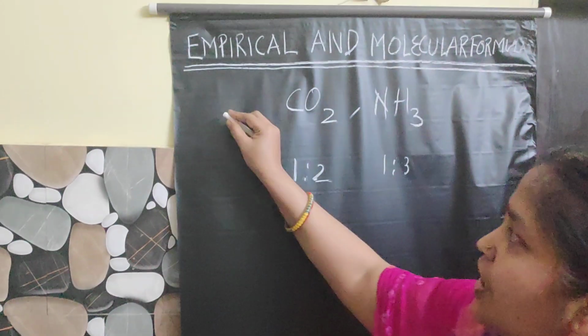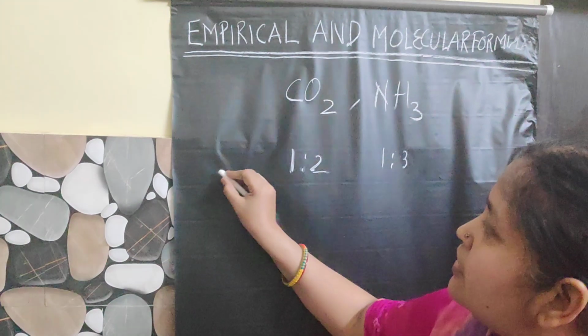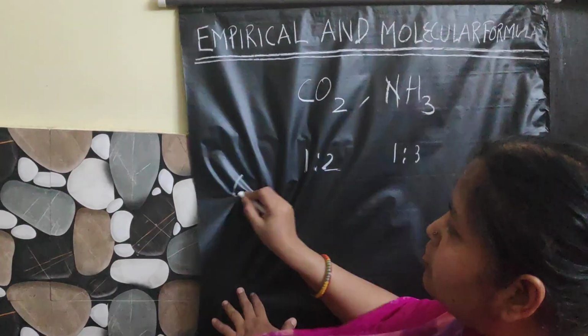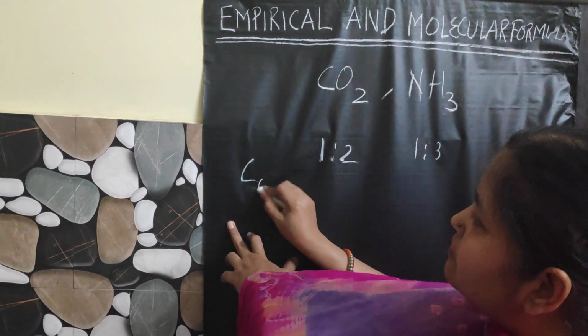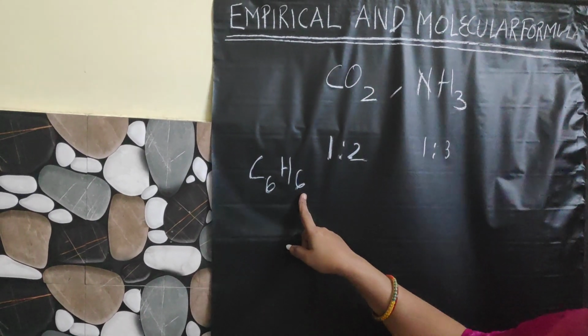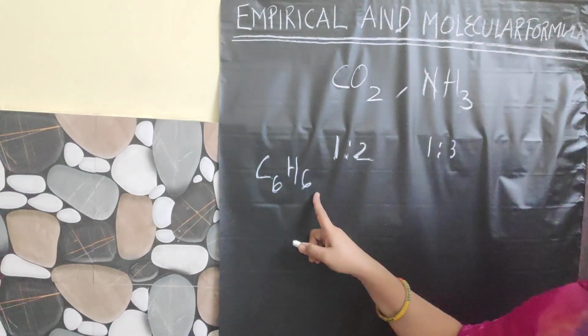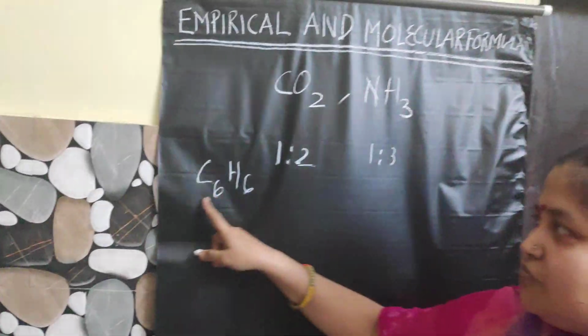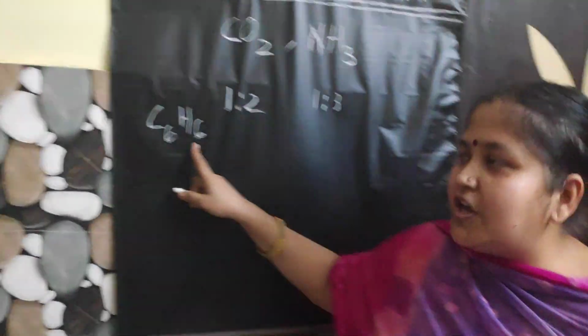Like suppose we have benzene, we are talking about C6H6. Here we can see 6 atoms of carbon and 6 atoms of hydrogen, that we already know. That is the benzene ring.